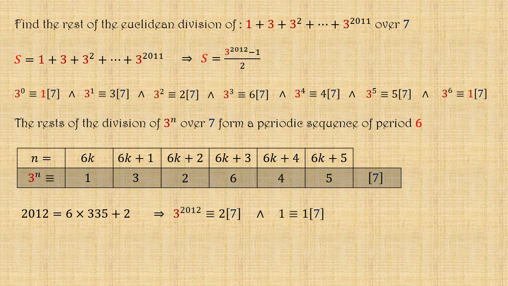And as 1 is congruent to 1 modulo 7, we would have 3 to the power of 2012 minus 1 congruent to 2 minus 1, which equals 1 modulo 7, which means that 3 to the power of 2012 minus 1 is congruent to minus 6 modulo 7.